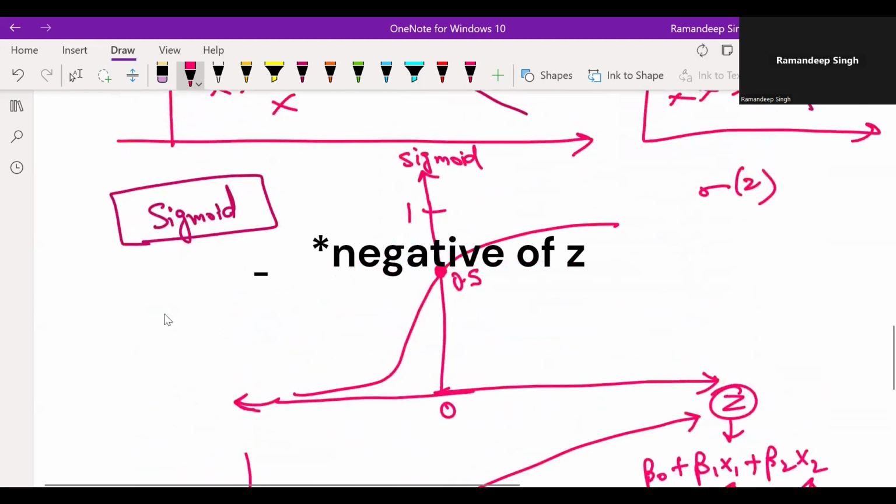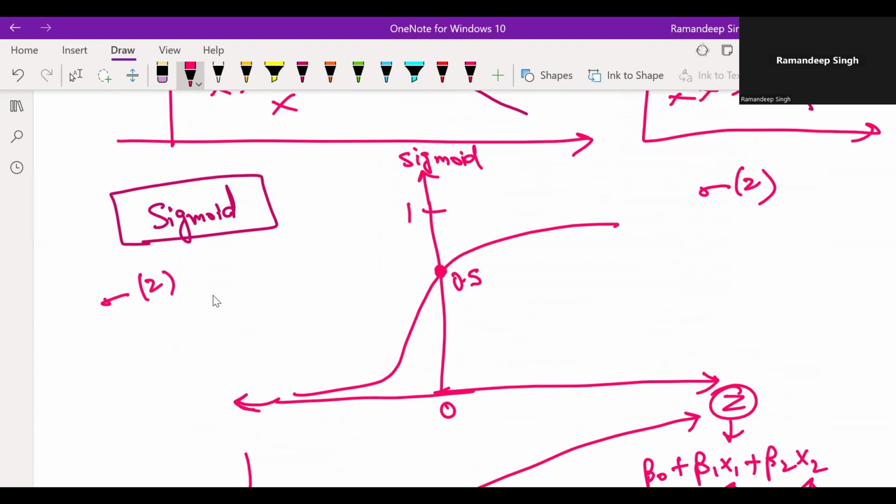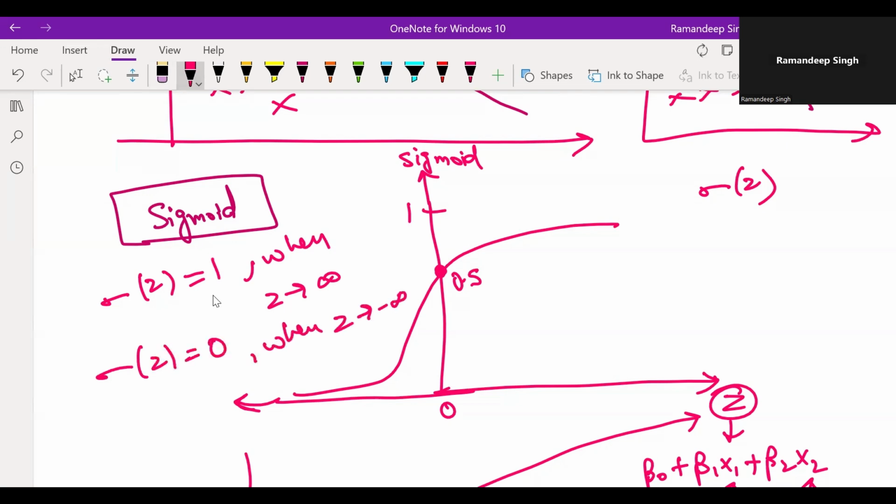The special thing about the sigmoid function is that it is never exactly equal to 1 or 0. It approaches 1 when z tends to infinity. Oh, sorry, I mean sigmoid of z approaches 1 when z tends to infinity, and sigmoid of z approaches 0 when z tends to negative infinity, right?